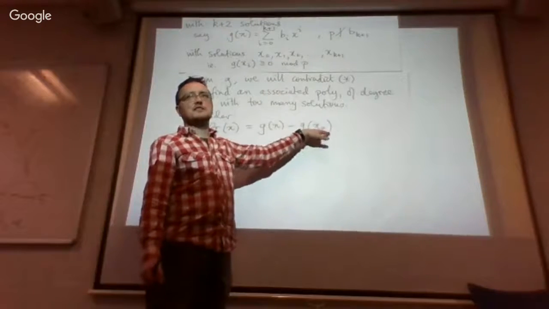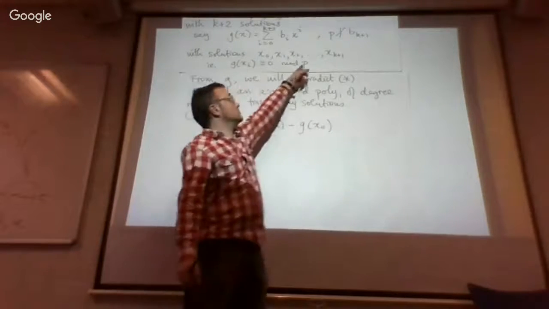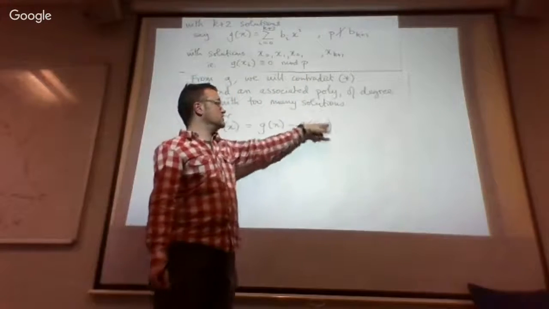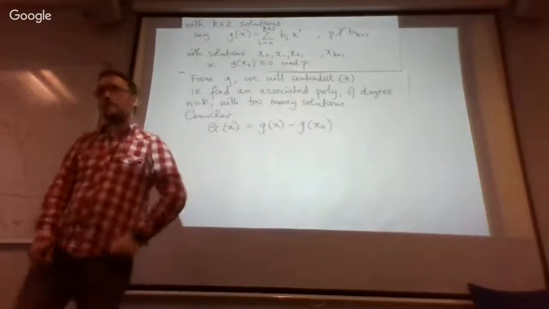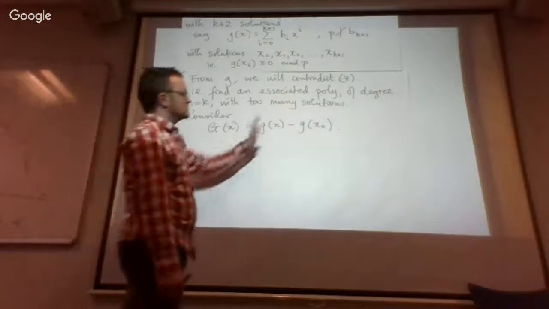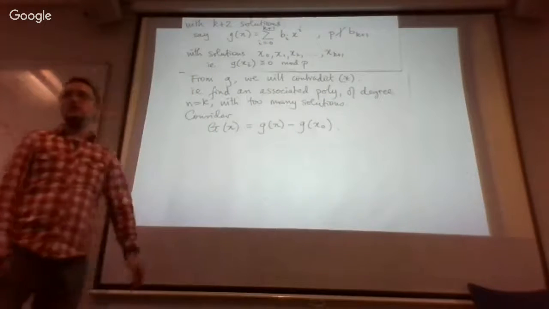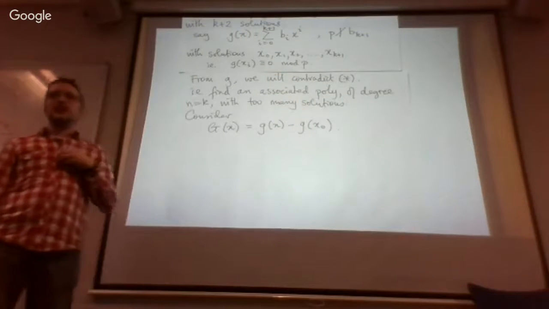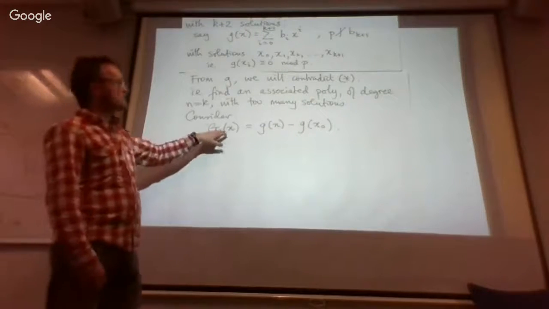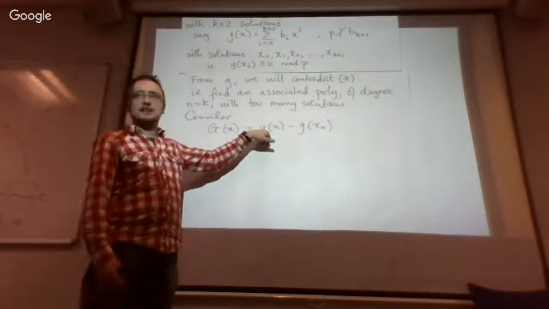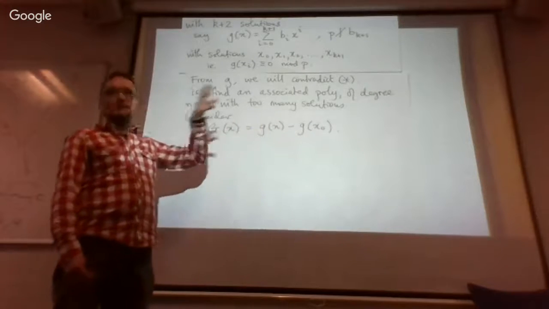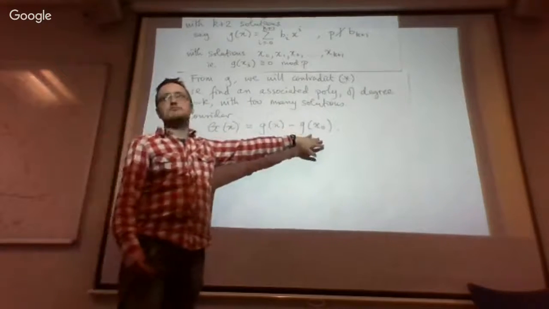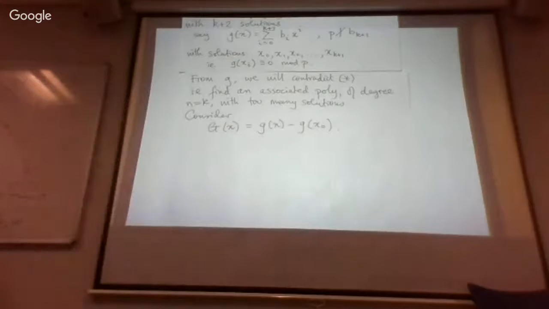That's an integer that's congruent to 0 modulo p. So this g of x naught is some multiple of p. So we're subtracting that from the polynomial little g. That gives us our slightly different polynomial capital G. So capital G is exactly the same as little g for every term except for the constant term.